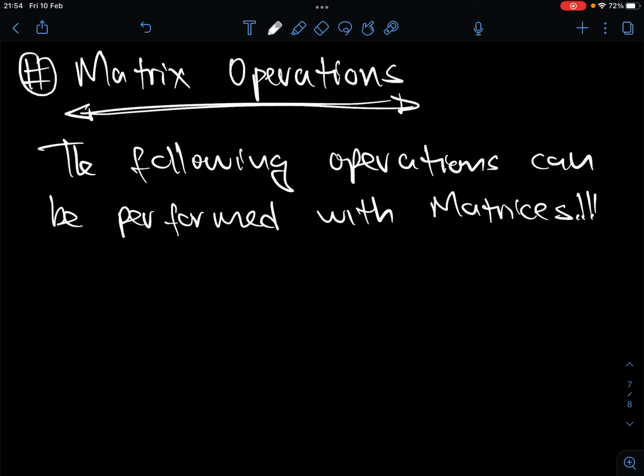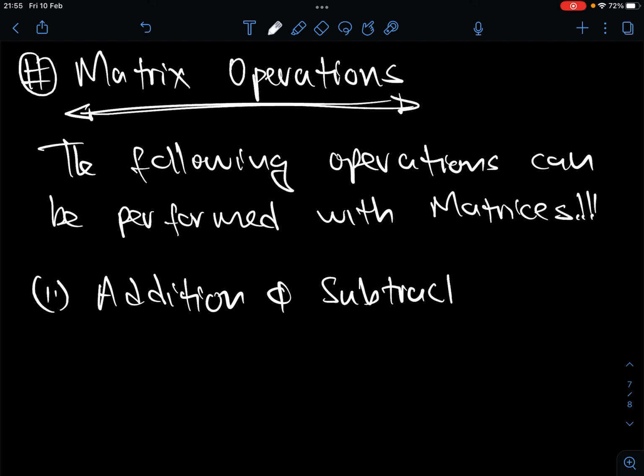And what are those operations? So one, there is addition and subtraction. It is possible to add matrices, and it is also possible to subtract matrices. We are going to see how that works.